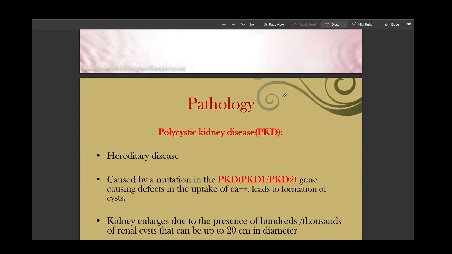Okay, so what are polycystic kidney diseases? This is basically a hereditary disease caused by a mutation in the PKD gene, which causes defects in the uptake of calcium, and it leads to the formation of cysts. There are many small cysts in the kidneys, just like this one on the surface.